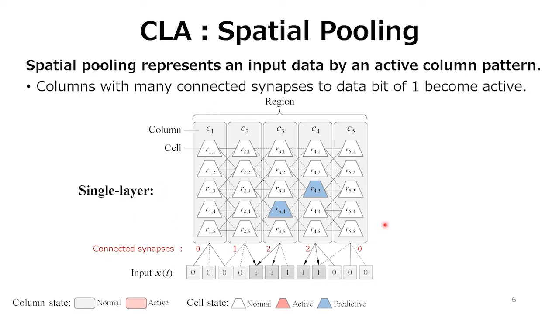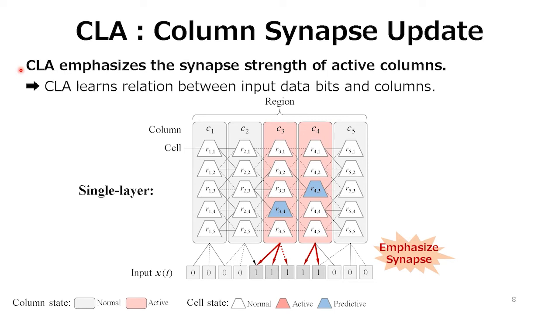In this case, columns 3 and 4 have 2 connected synapses to data bits of 1, and they become active like this. Thus, the input data is represented by active columns. Also, CLA emphasizes a synapse strength of active columns, like this. In this way, CLA learns relation between input data bits and columns.